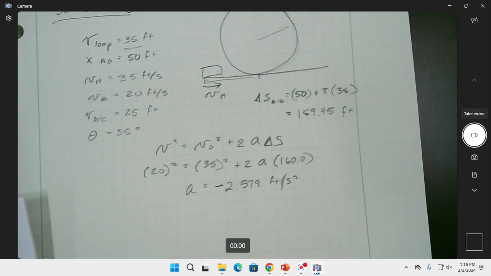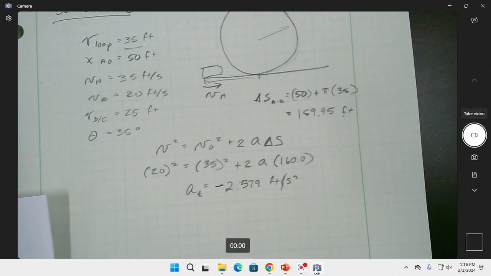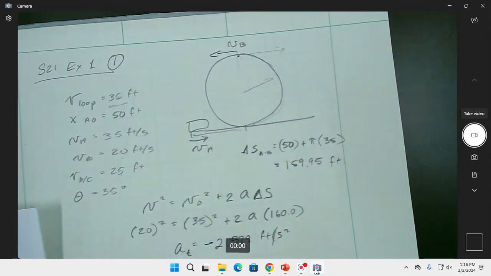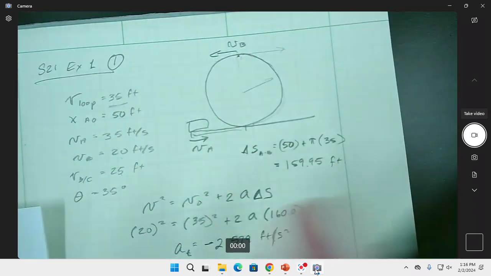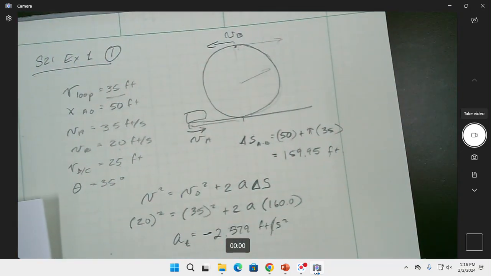Let's call this the tangential acceleration, right? That's the one, and we should note which direction it faces. The tangent is actually that way, but we have a negative, so it's actually that way. And if we were going to write this, we also need the normal acceleration.